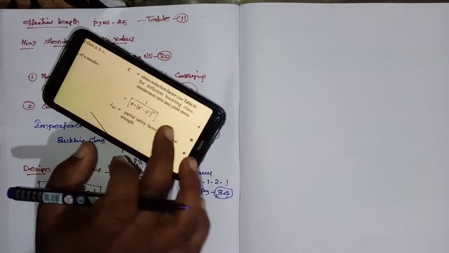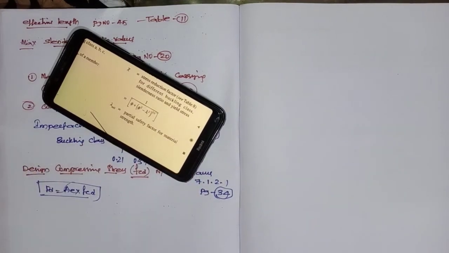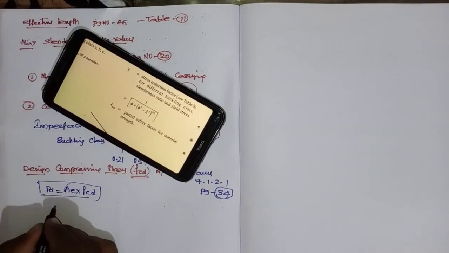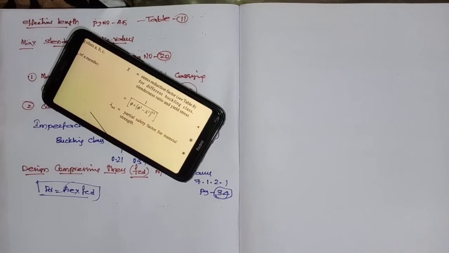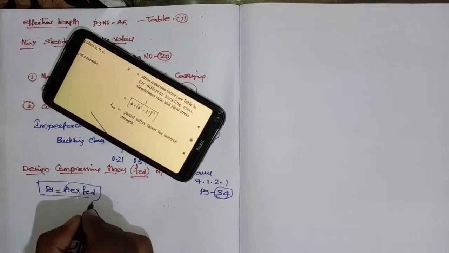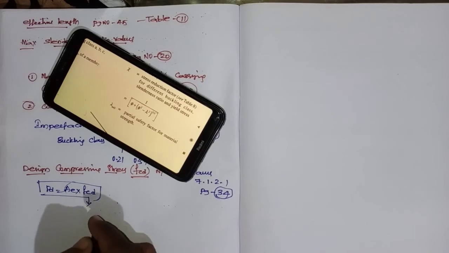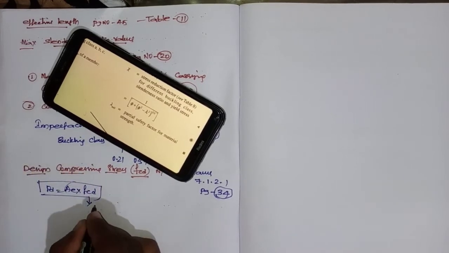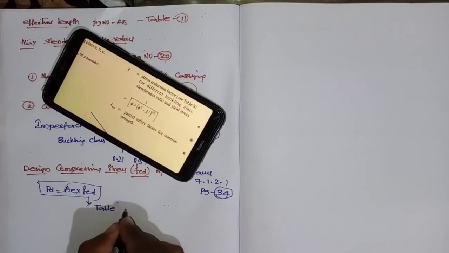So IS 800 2007 has suggested some tabular columns. What are those tabular columns? Means to calculate the FCD value from tabular columns by interpolation, that is table number 9.